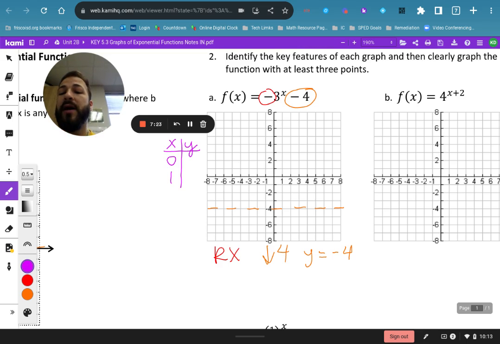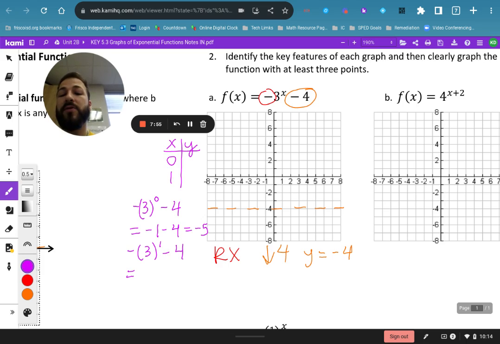So plugging in, I get negative 3 to the 0, minus 4, which is equal to negative 1 minus 4, which is equal to negative 5. Doing the exact same thing for 1, I would get negative 3 raised to the power of 1, minus 4.